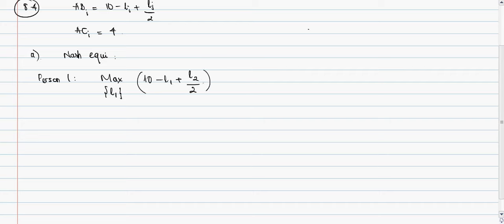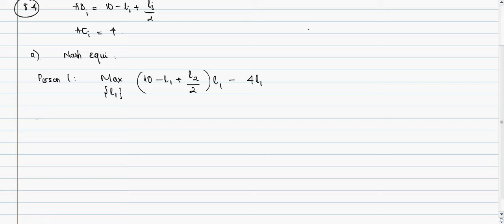This is the average benefit. In order to find the total benefit, you have to multiply by the total number of hours chosen by person 1. So that's the total benefit, minus the total cost. The average cost is equal to 4, so the total cost will be the average cost multiplied by the number of hours chosen.